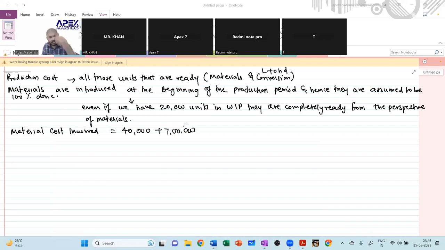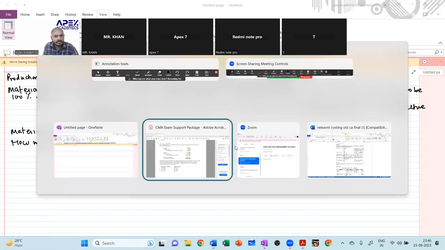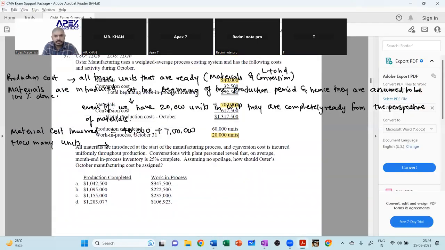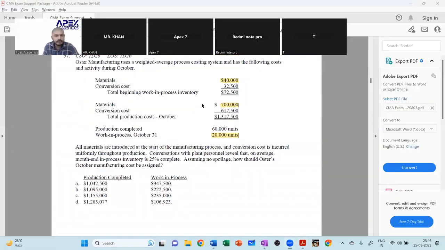On how many units? Production completed in how many units? 60,000. You incurred it on the 60,000.